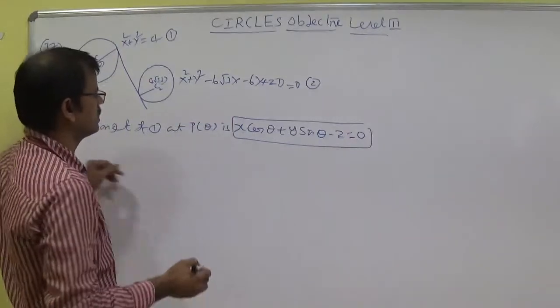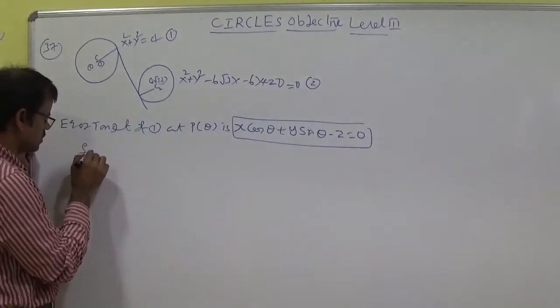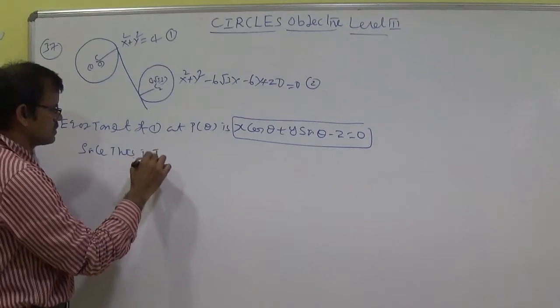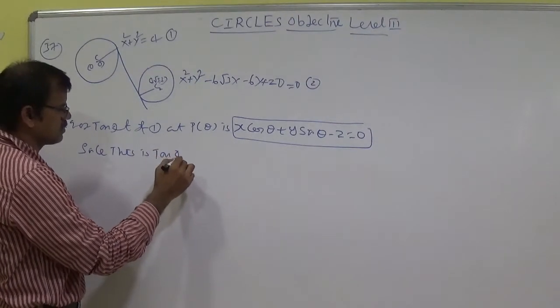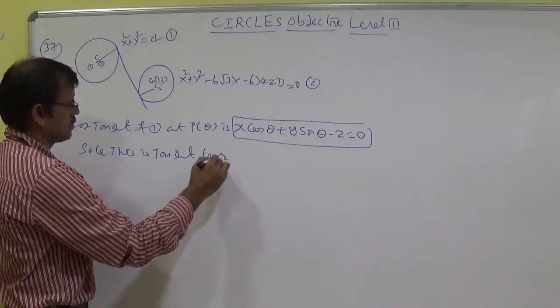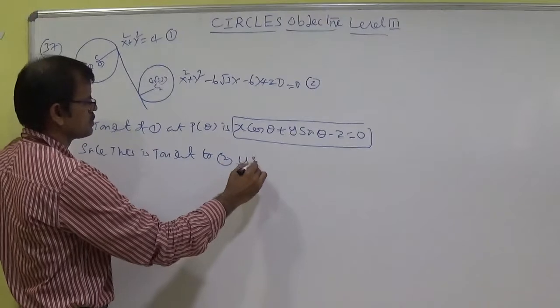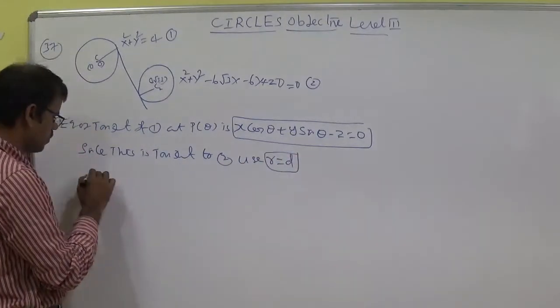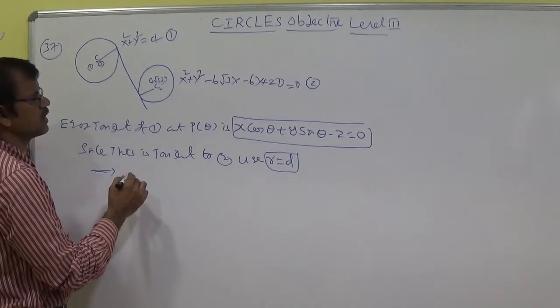Since this is a tangent to the second circle, use r is equal to d. What is the radius here?